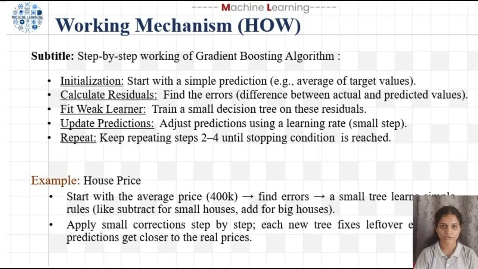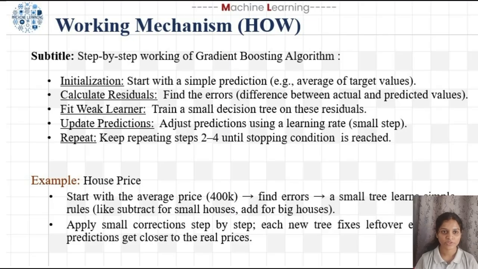Now let's talk about the step-by-step working of gradient boosting. Gradient boosting works in 5 steps. First is initialization, second is calculate error, third is fit weak learner, fourth is update prediction, and last one is repeat. In the first step, we start with a simple prediction like the average house price. In the second step, we calculate the error between the predicted value of the house and the actual value of that house.